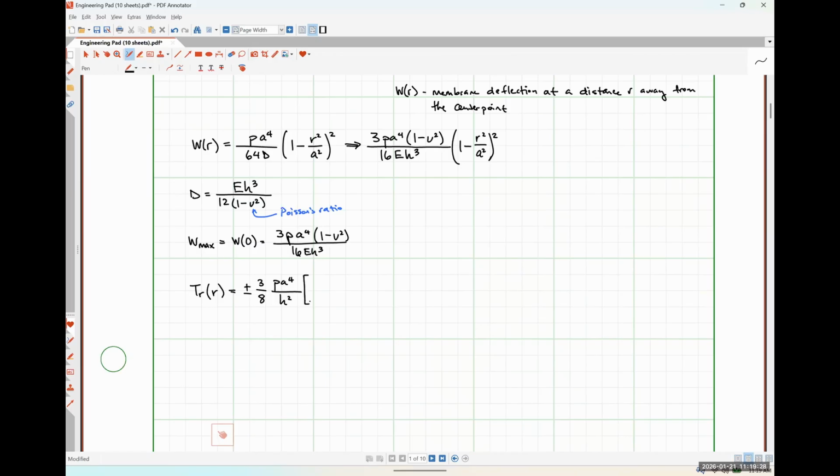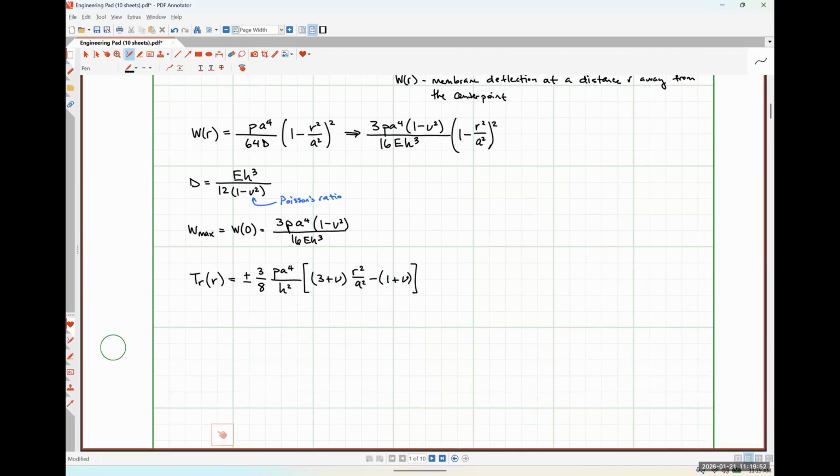I'm going to open this bracket. Then I'm going to have 3 plus Poisson's ratio times R squared over A squared minus 1 plus Poisson's ratio. Like so.